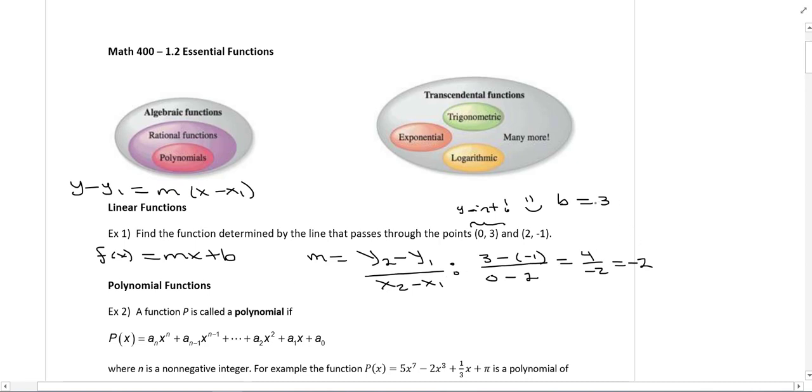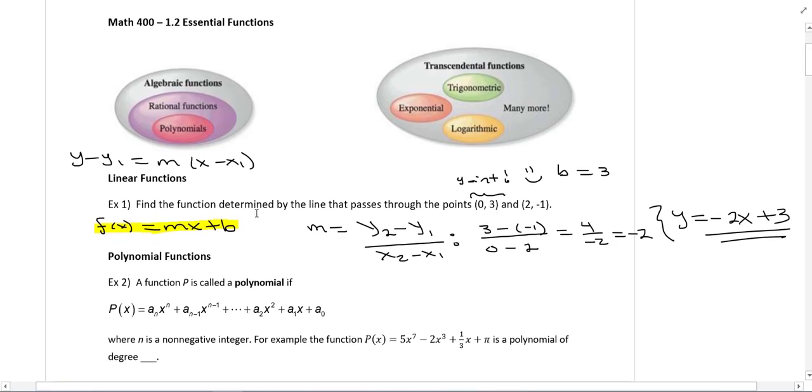And I know that b is 3, so using my y equals mx plus b, or f of x equals mx plus b, I can write the equation of the line: y equals the slope, minus 2x, and then the y-intercept. You could have also used y minus y1 equals m times x minus x1 to find the same equation. So that is a linear function.